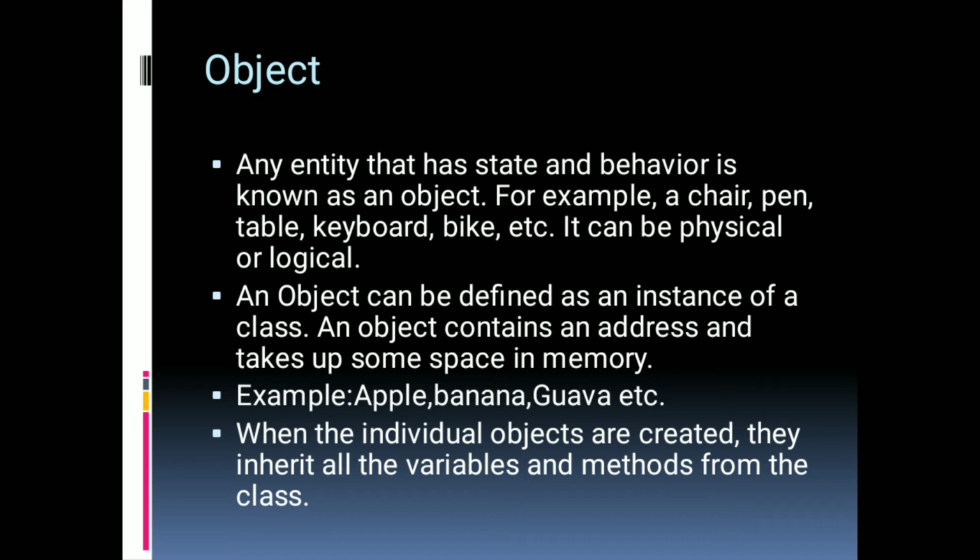Example: apple, banana, and so on. These are general examples. When the individual objects are created, they inherit all the variables and methods from the class.